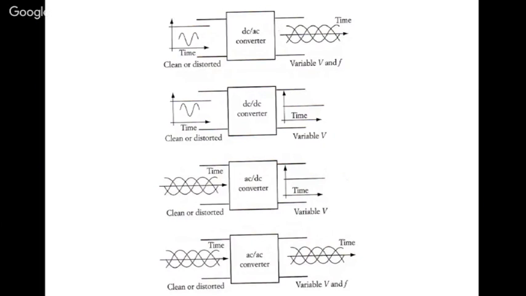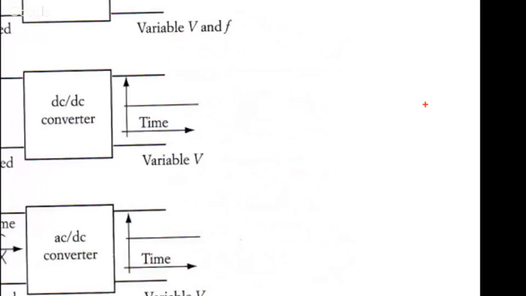In case of a buck converter, the output voltage is nothing but duty cycle times the input voltage. So you want to buck it, you want to reduce it. Let me show you the equation once again: the output voltage is nothing but duty cycle times the input voltage.